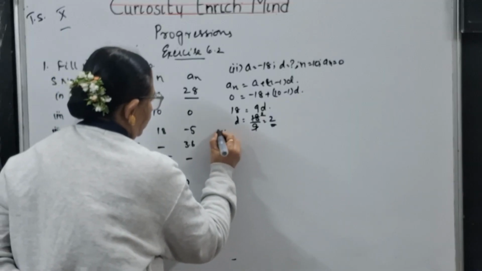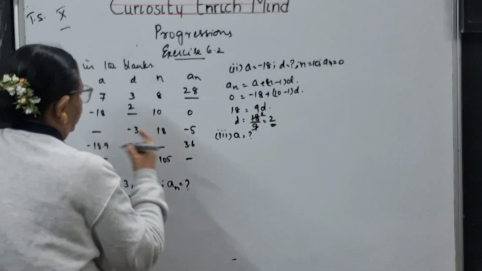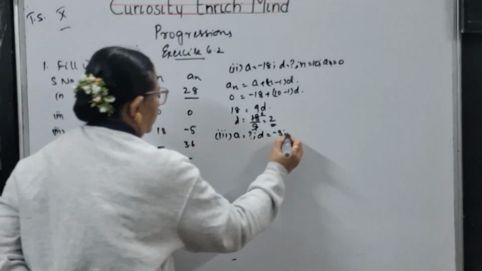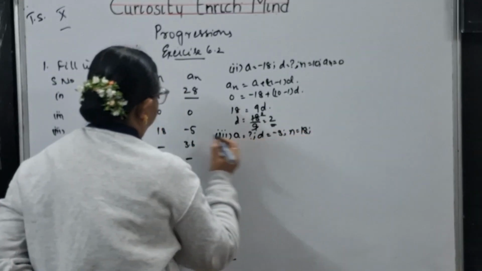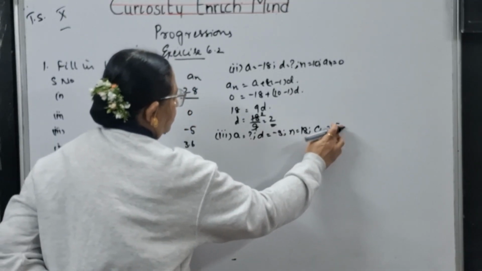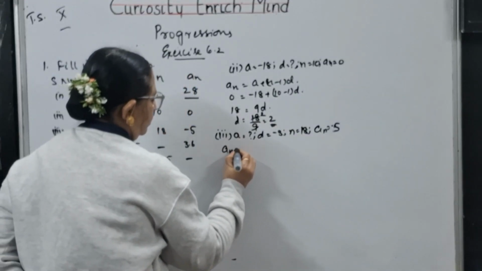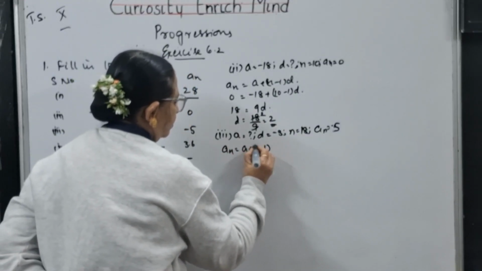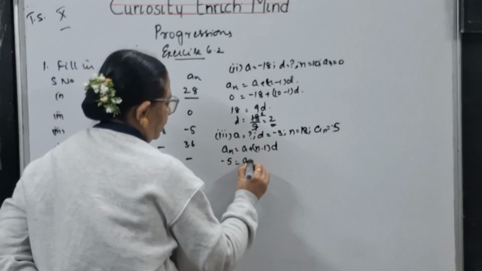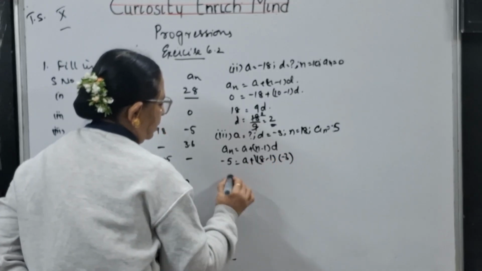Now let us see third bit. In third bit they are asking what is A. D is given as minus 3. N is given as 18 and AN is minus 5. So AN is equal to A plus N minus 1 into D. AN is minus 5 is equal to A plus N is 18 minus 1 into D is minus 3.